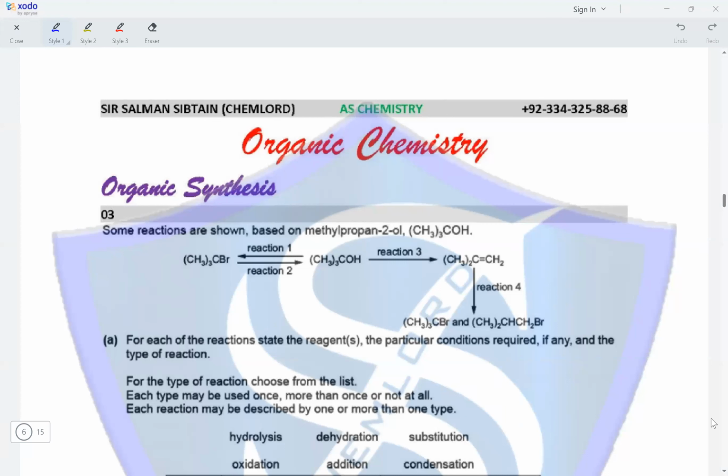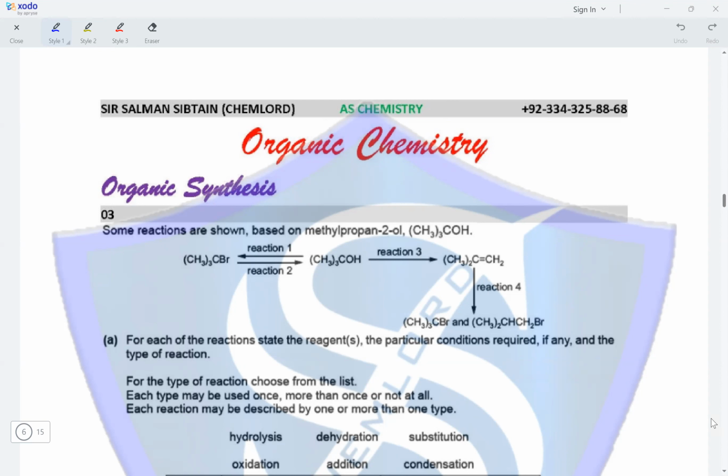Question 3. Some reactions are shown based on methylpropan-2-ol. So methylpropan-2-ol is a tertiary alcohol. In reaction 1, it is converted into a tertiary halogenoalkane. In reaction 2, the tertiary halogenoalkane is converted back into the tertiary alcohol.